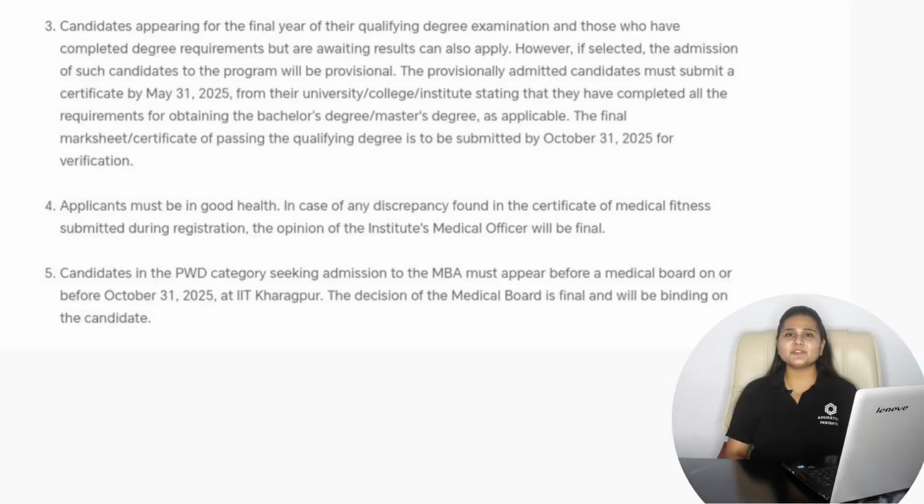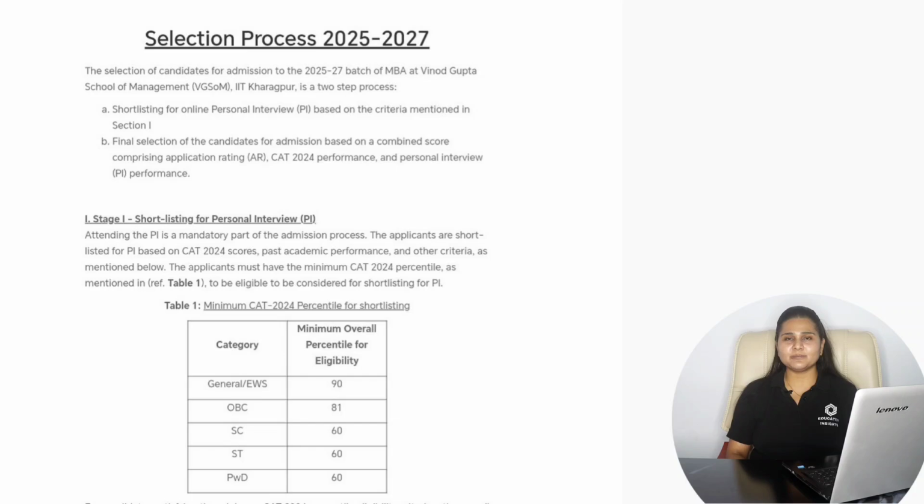So if we consider the overall selection process at the Indian Institute of Technology Kharagpur, there are two stages. First, on the basis of the minimum CAT eligibility criteria, the candidates are shortlisted for the personal interview round. Then the composite score is calculated and the final list of selected candidates is prepared.